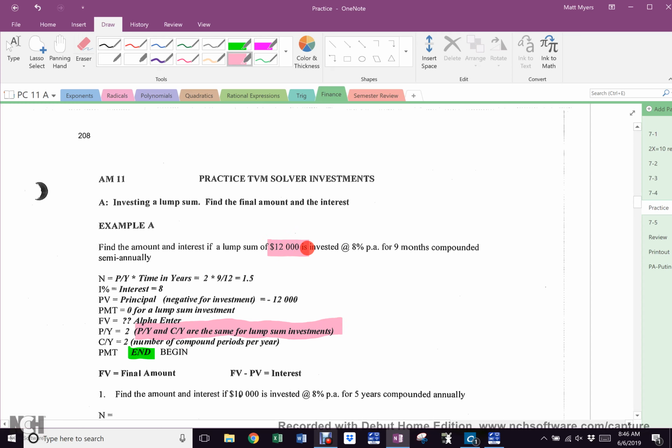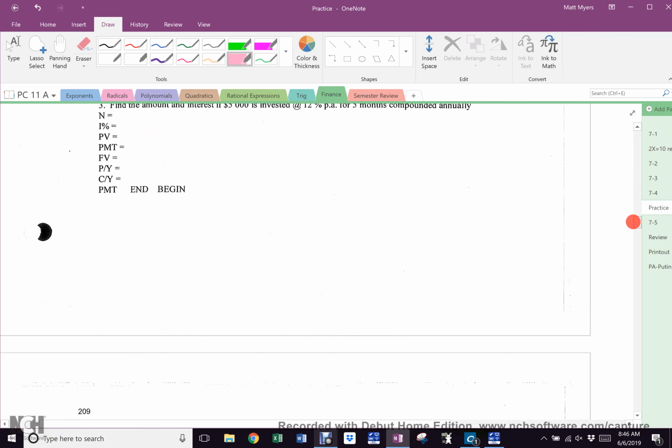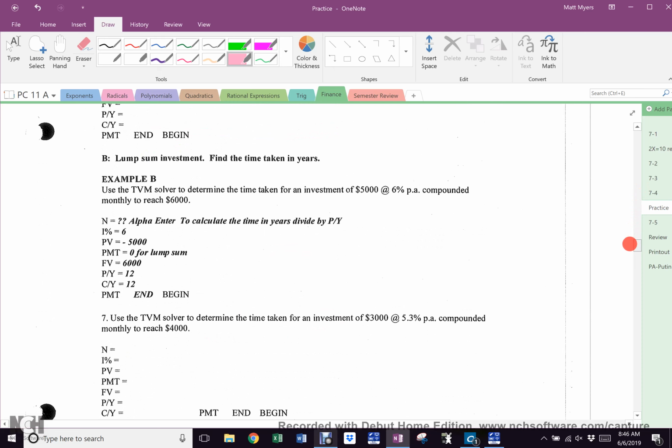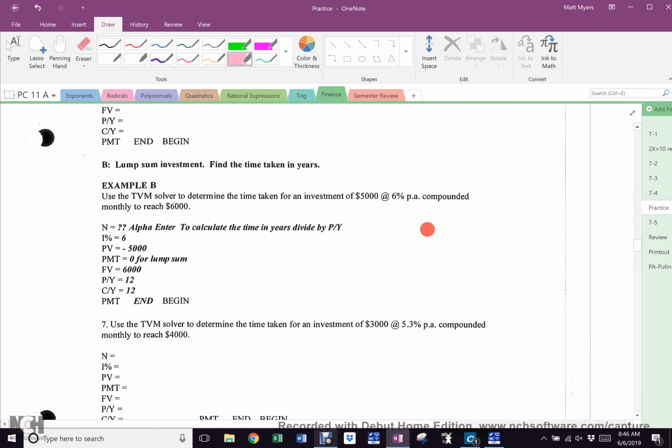We just drop it in an account. We're not making any more payments to it. This isn't saving. This is investing. Everybody understand? We're not contributing to it again. Everybody cool? And then if you look down a few more questions, there's another one of those right here at example B.